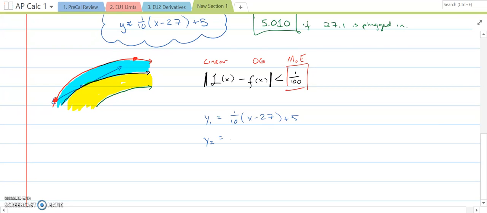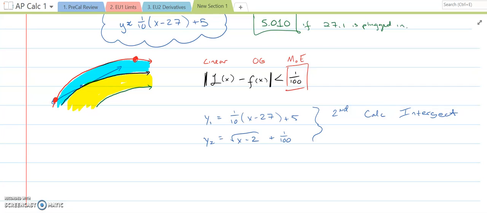But with that original function of the square root of x minus 2, I'm going to add the 1/100th to it. Taking that information, second, calculate. I want the intersection between those two lines. What that's going to tell me is, hey, here's the boundaries for which you are able to estimate effectively.